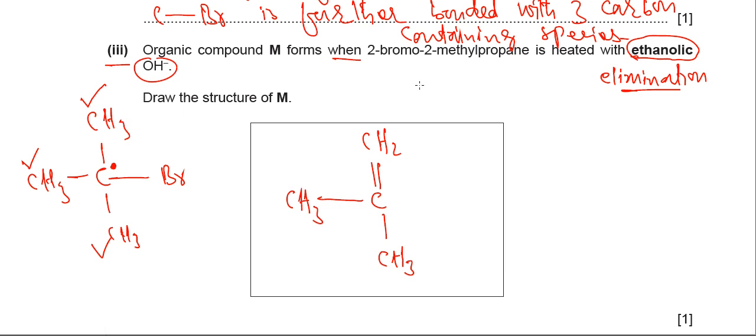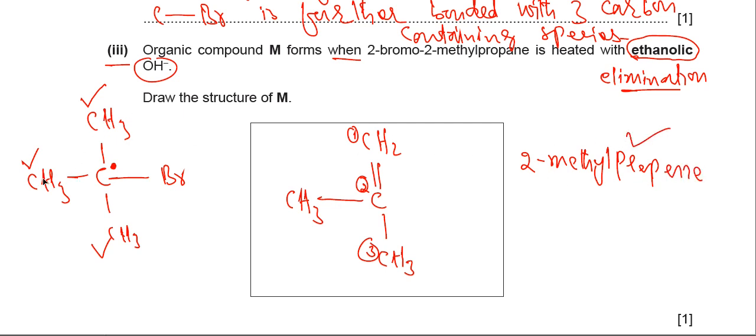This is carbon 1, this should be carbon 2, this should be carbon 3. Now this is the branch. So the name we get will be 2-methylpropene. And in either case, we get the same molecule.